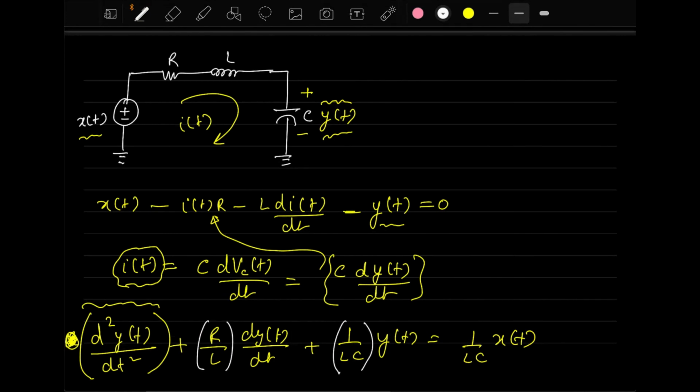If you see, they are not involved with time, so there is no time variable involved here. So these coefficients in the differential equation are actually constant coefficients.